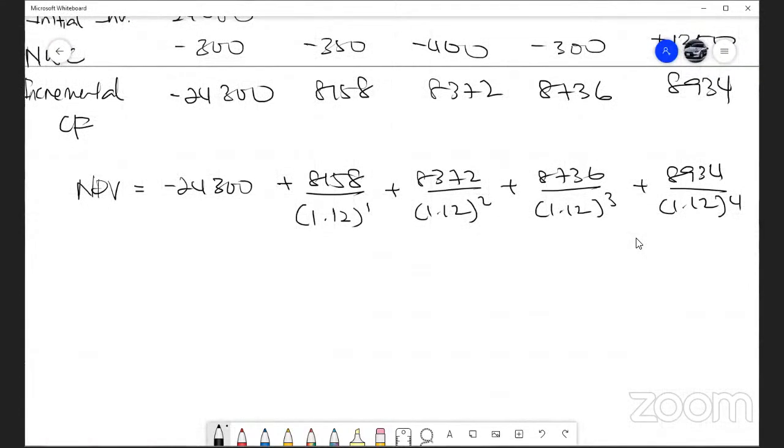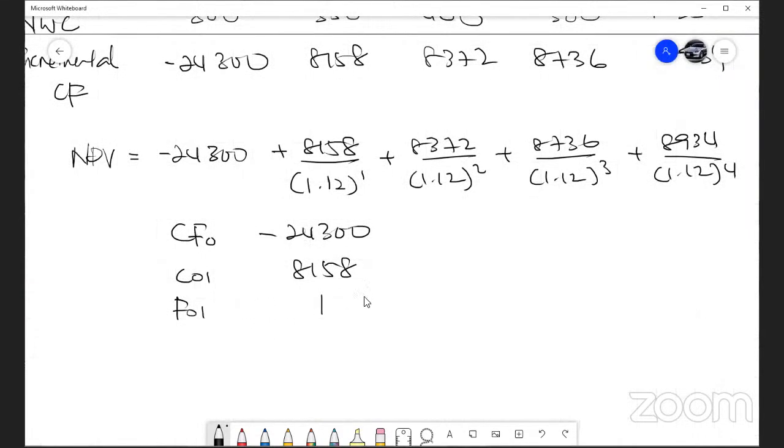Calculator, just key in, same thing. CF0, negative 24,300. Cash flow 1, 8,158. F01, 1 time. This F is frequency. If it's repetitive, you can put repetitive 2 times, then you put 2. 3 times means 3. If it's not repetitive, only put 1. Then move on to the next cash flow.